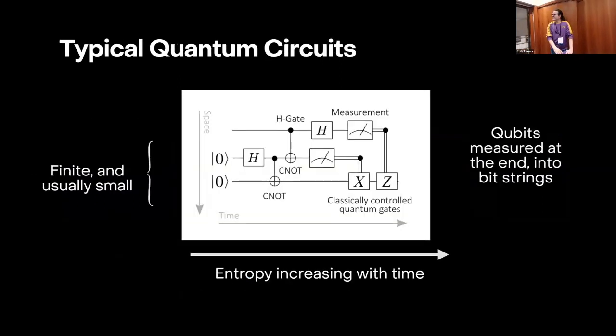So you don't need to remember this strictly, but this is how the circuits that we're building up look. We have space on the vertical axis, where these are qubits, and there's a fixed number of them, which we want to control whether people exceed the budget of qubits that actually exist on the machine.